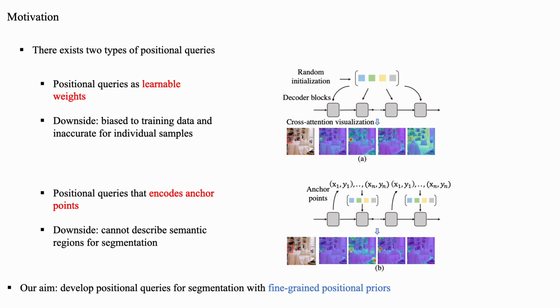And the second one is positional queries that encode the anchor points. However, the anchor points cannot describe semantic regions, which is the best for segmentation. In that case, our aim is to develop positional queries specifically for segmentation with fine-grained positional priors.